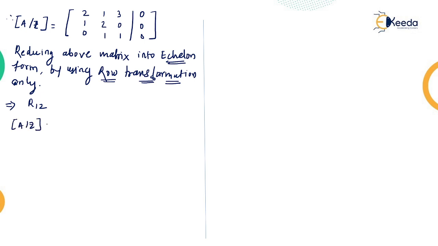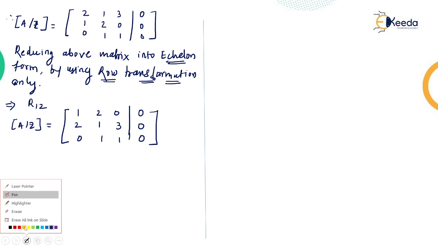So [A|Z] can be written as: the only change is the interchange of rows R1 and R2. Row R1 becomes 1 2 0 | 0, the second row becomes 2 1 3 | 0, and the third row is 0 1 1 | 0. Nothing changes in row R3. Now we have to make the 2 below the leading element a 0.